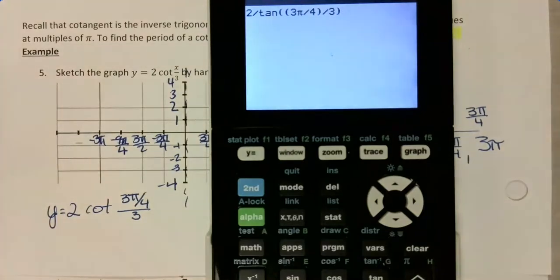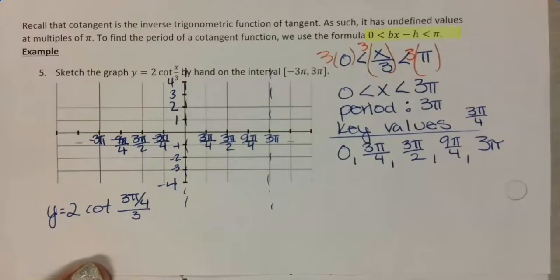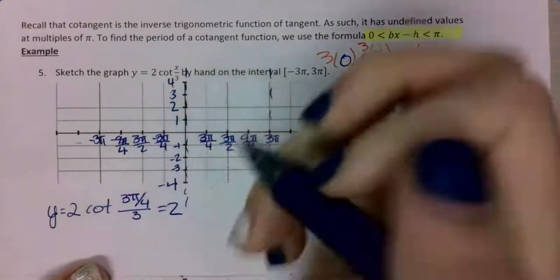And close that. No. The dividing by tangent makes it a cotangent. There's no cotangent button. That's inverse. That's to find an angle. Okay, so then I press enter, and this one gives me 2.